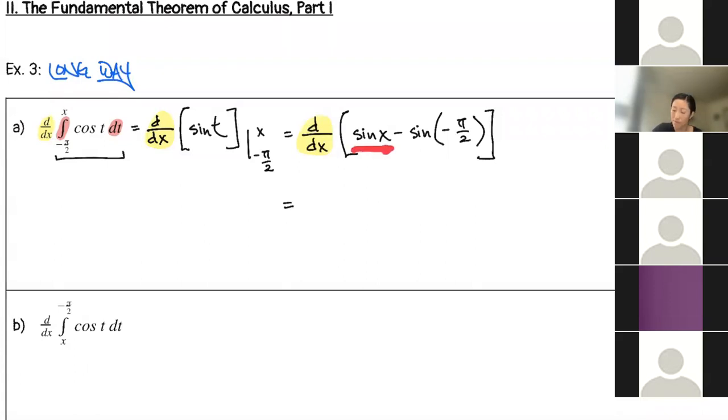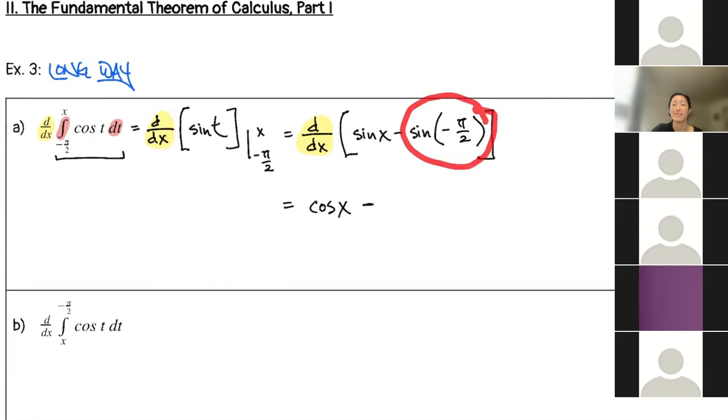So I'm going to take the derivative of this, and then the derivative of this, and then subtract them. Okay. So the derivative of sine is cosine. So d/dx of sine gives me cosine x. Okay. Minus.